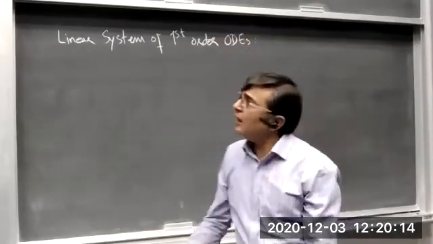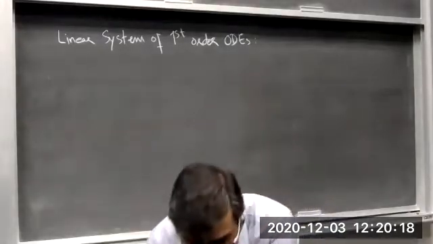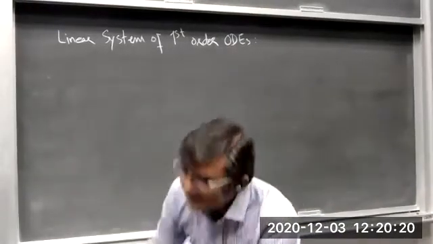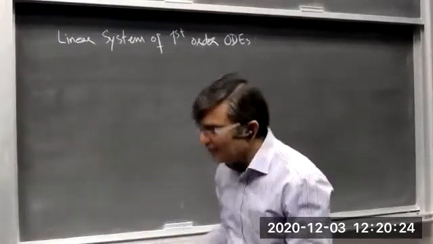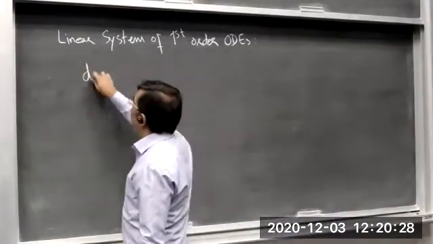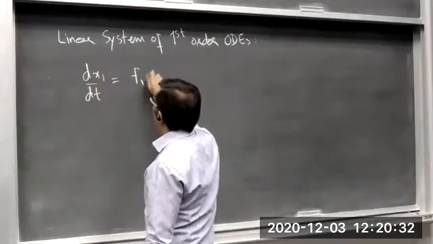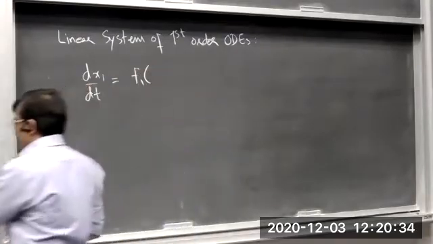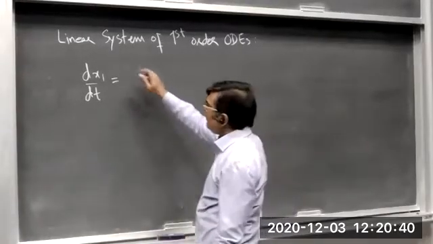Before, we have written a general system of first order ODEs. In that, the first order ODEs might not be linear. Now, if they are all linear, then how can we write it? Now we will write the linear form of that f function.